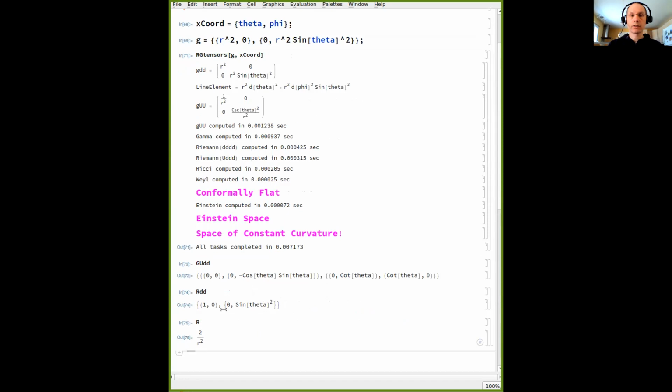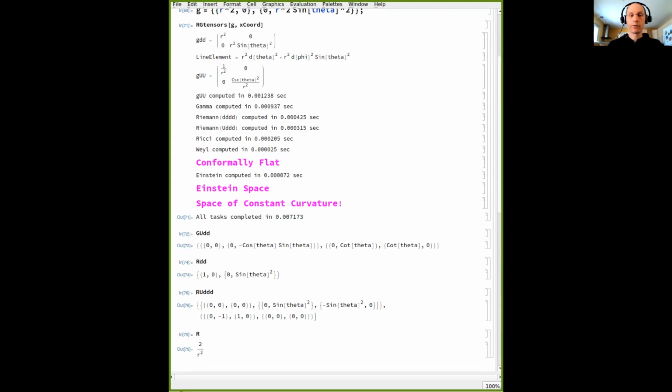Just to be consistent, let me point out that indeed this Ricci scalar here is the same as before. So we have R with three down indices given by the following form here. And if we take the sum of this quantity with the first and the third index, then indeed that gives us back the Ricci scalar that we had before.